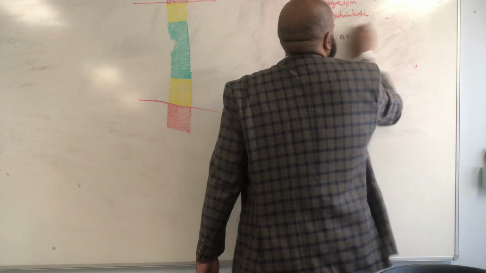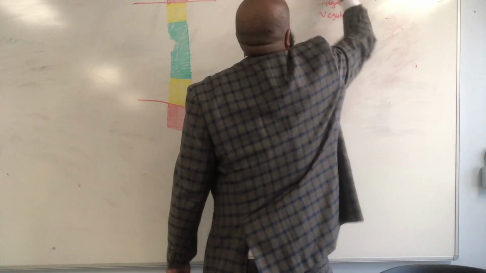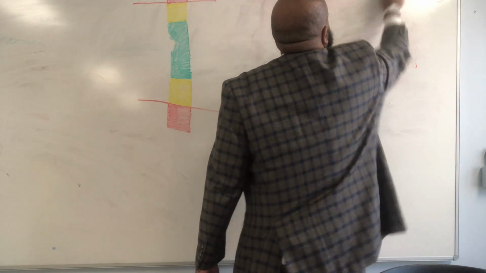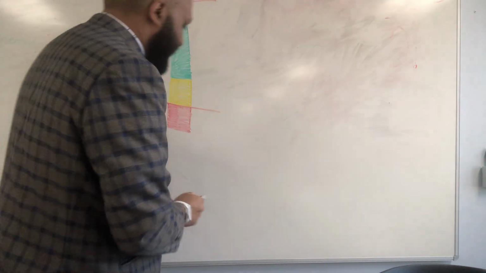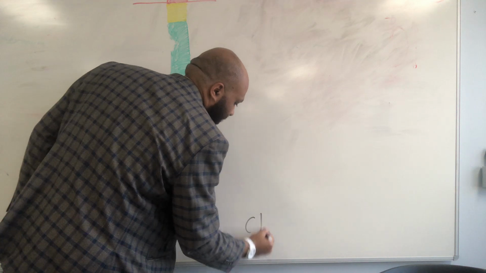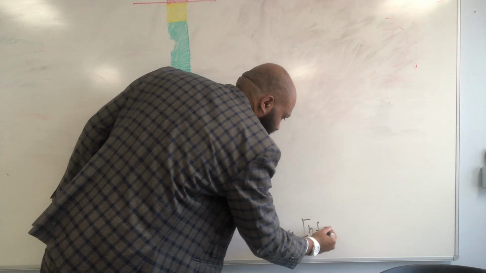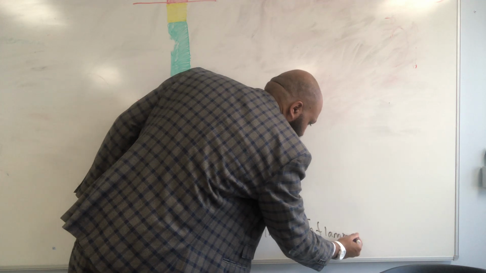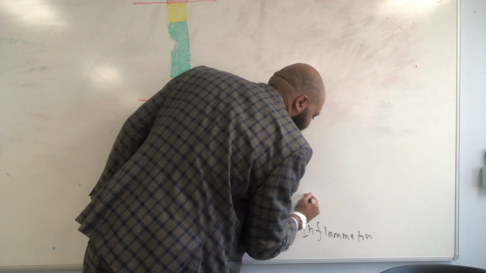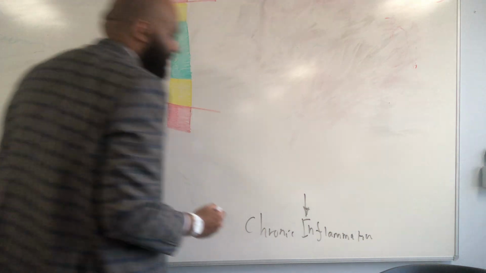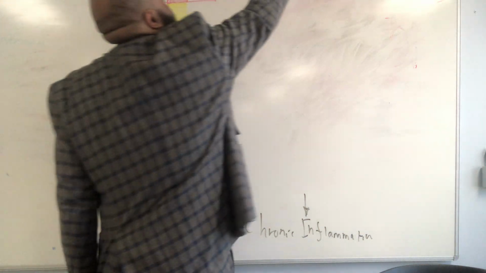So now when we look at patients suffering from chronic inflammation, we must understand that we did not begin with chronic inflammation. That's the last thing. We began with stress up here.